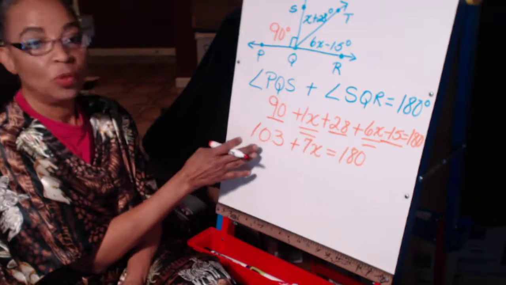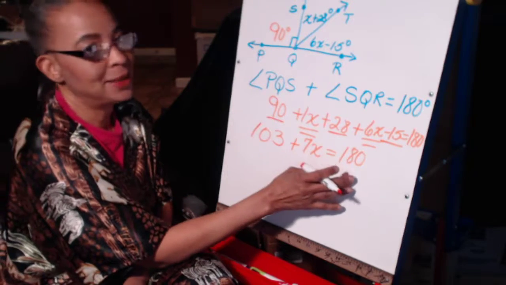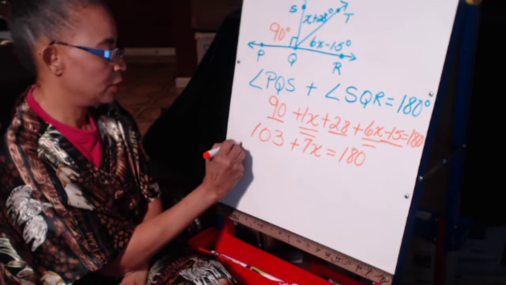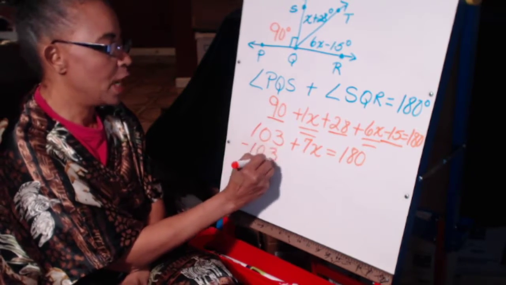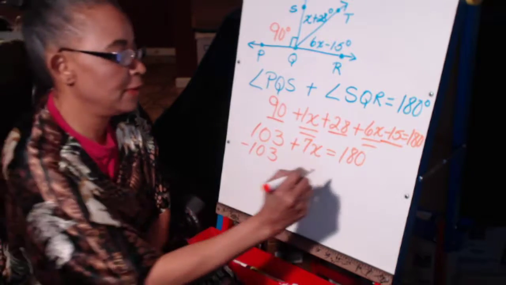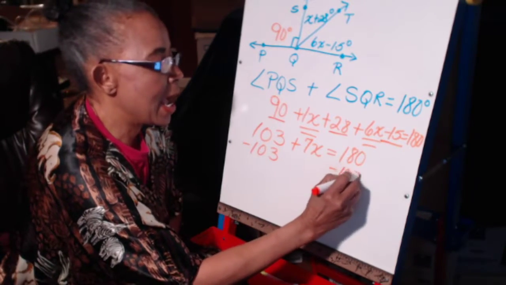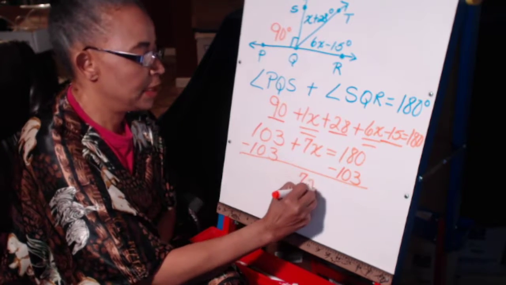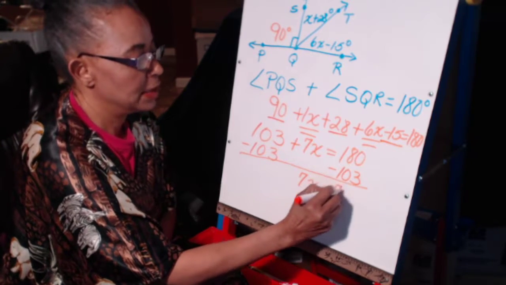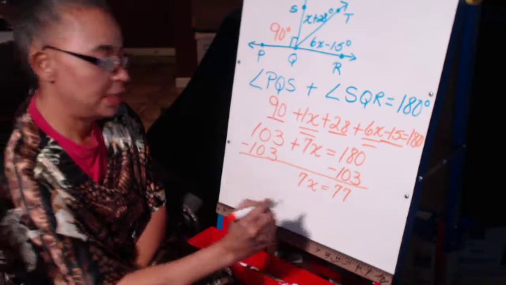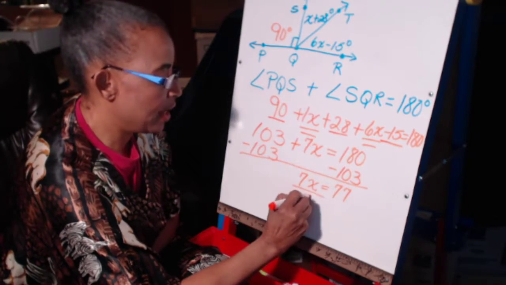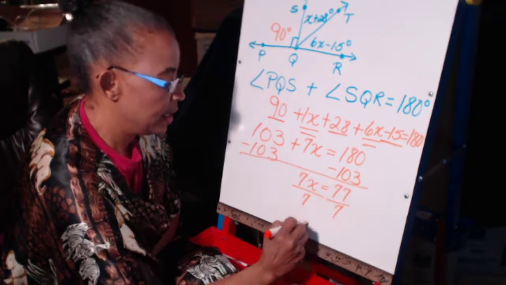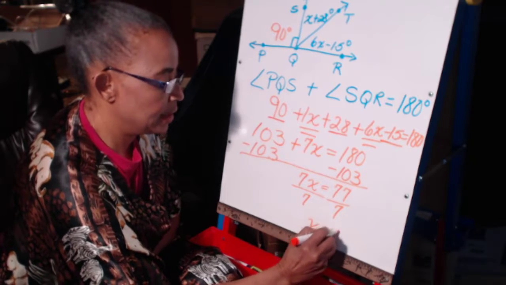And what I do to one side, I must do the exact same thing to the other side. So since 103 was positive, I subtracted. So 7x equals 77. And then when I divide by 7, x is 11.